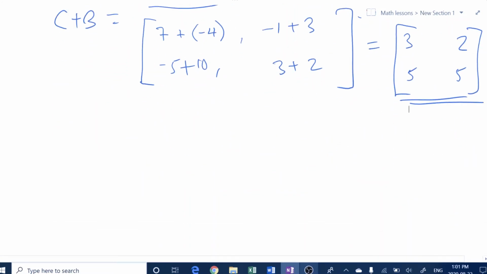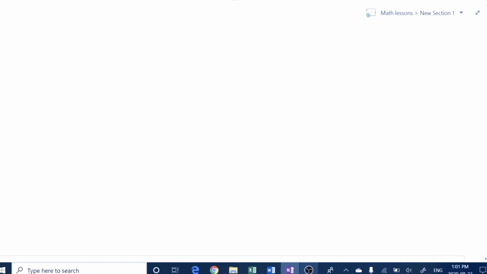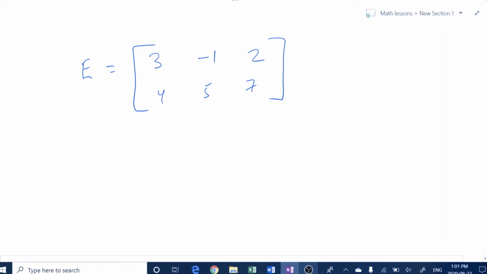Let's do one final one. Say that I have matrix E equal to 3, -1, 2 as the first row and 4, 5, 7 as the second row.